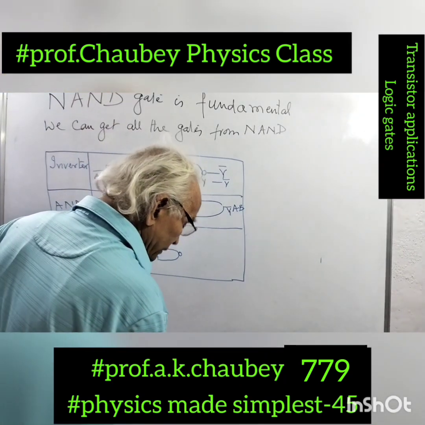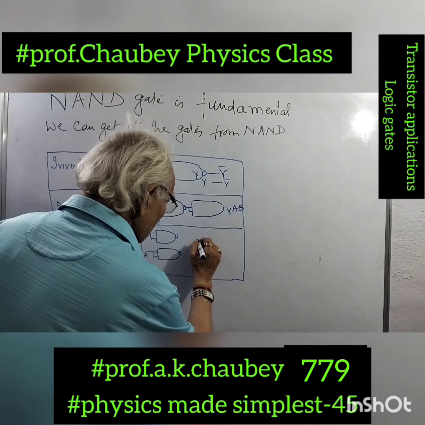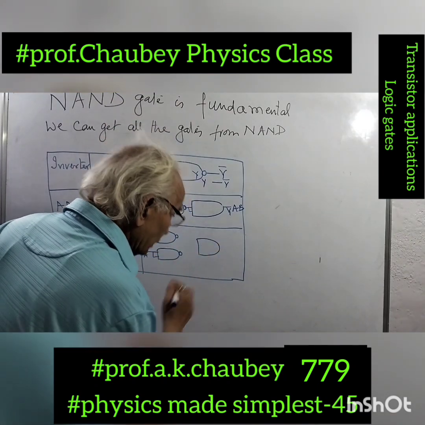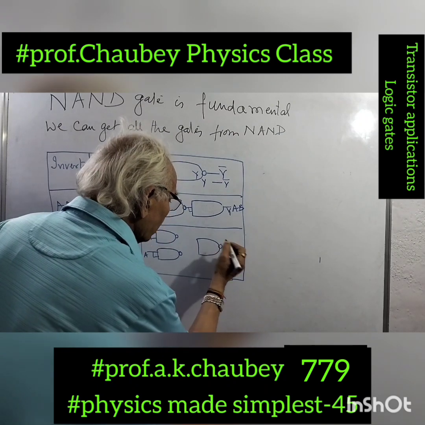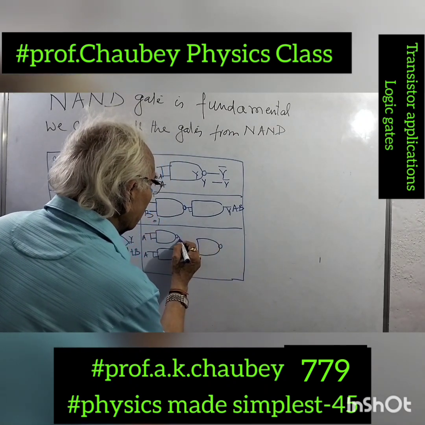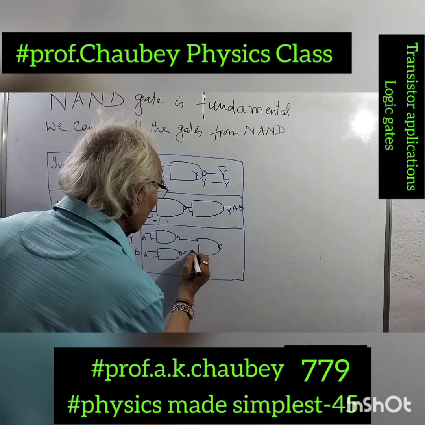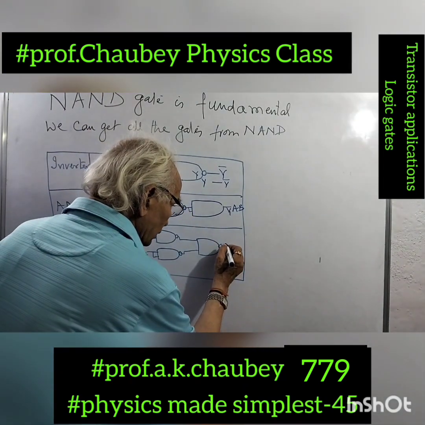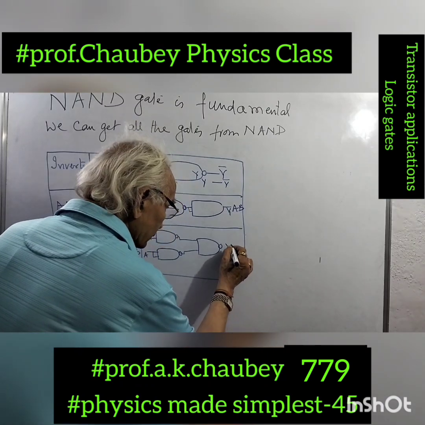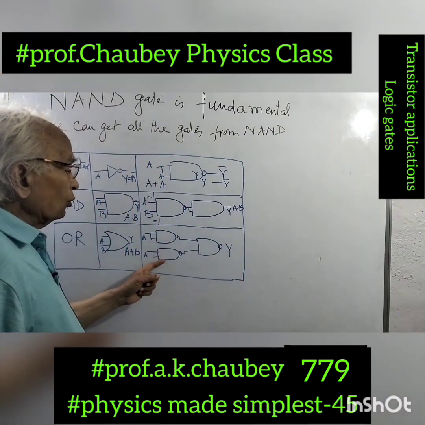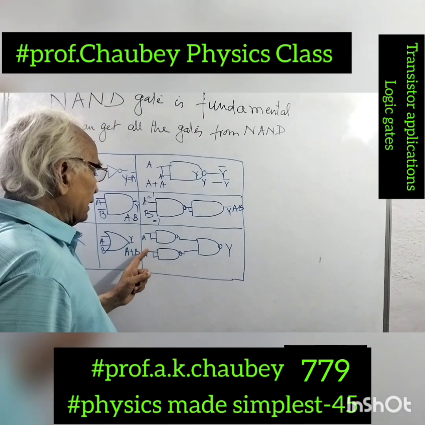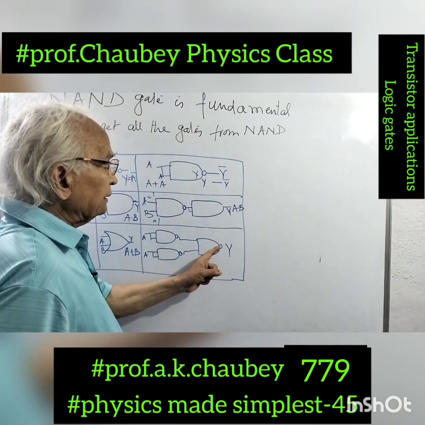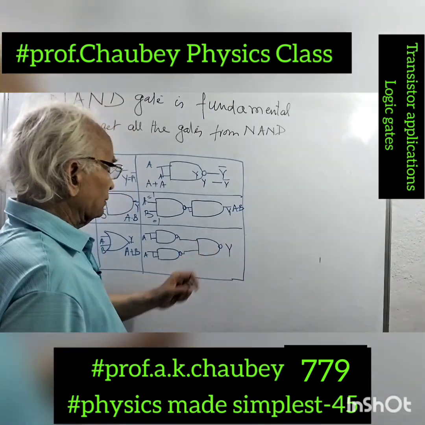Then we combine this with the NAND gate, because we are converting the NAND gate, and we want to show that the NAND gate gives all the gates. So this is the Y. With these two NOT inverters, A and A, here we will have nothing. And then this is the NAND gate, so we will have something here.